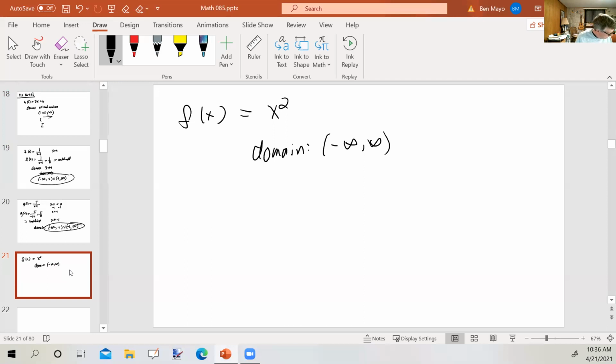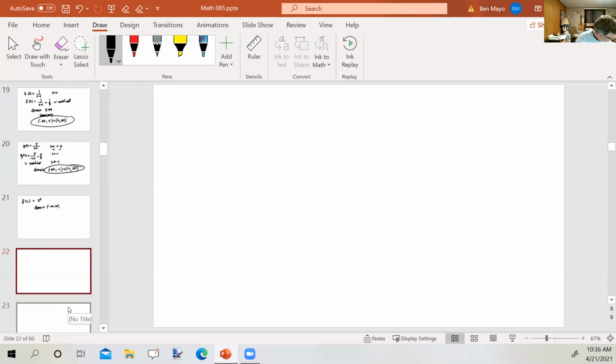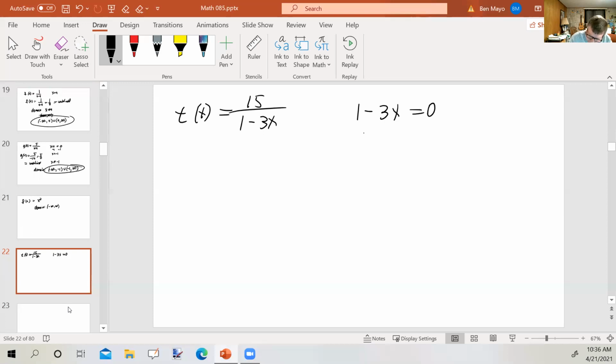And one more example. We've got t of x equals 15 divided by 1 minus 3x. So again, if it's difficult for you to see, you could ask when the denominator is equal to 0. If we add 3x to both sides, we get 1 equals 3x.